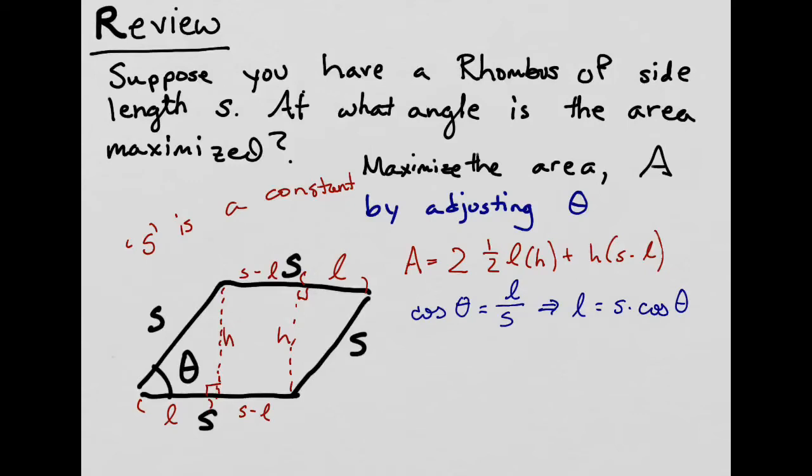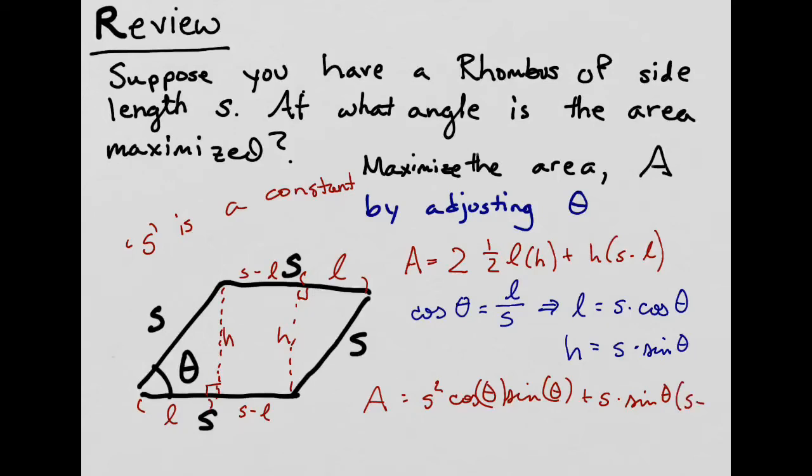All right, and then similarly, we can do this for H. So H is going to be equal to S times sine of theta. So if we go back up here, we have that our area is equal to 2 times 1/2 is just 1, and you have L times H, and so you have S squared cosine of theta, sine of theta, plus H, which is S sine of theta, times S minus, I think I need to move this over a little bit.